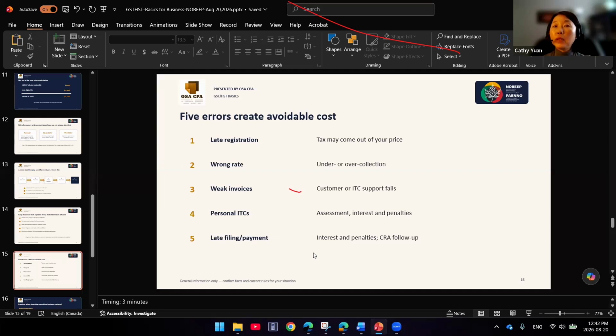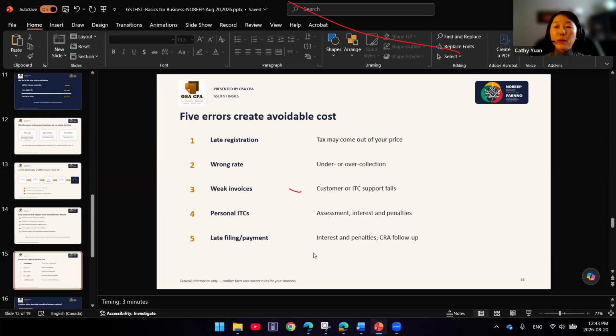For example, when you registered, you estimated the annual revenue, one year of revenue, at about 30,000. The CRA will use this number for the tax return. Because the CRA doesn't know you have expenses, they don't know you have ITCs. ITC is 0. Then you have to pay tax on the 30,000 revenue.